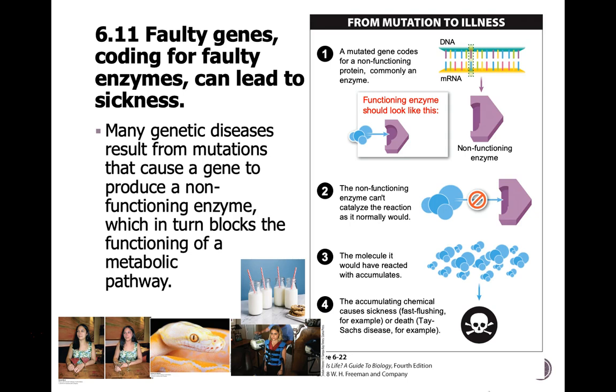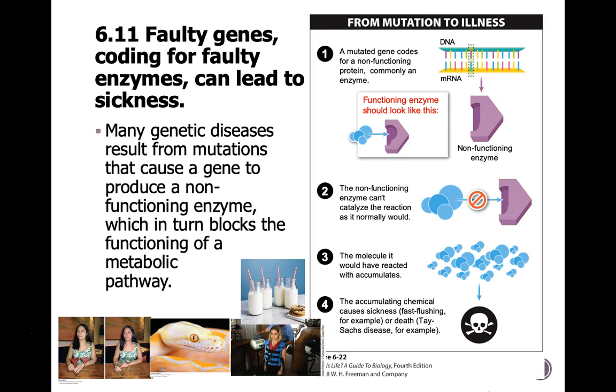But there are some that are less, I would say, quote unquote, important. Some that are not necessarily deadly, but really inconvenient. And they are almost always due to a lack of functioning protein at the end of the pathway that they are part of. So we have this process of gene expression.